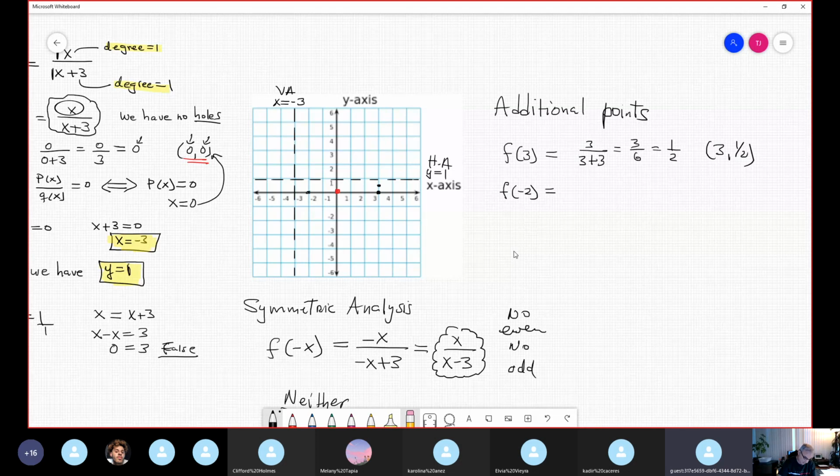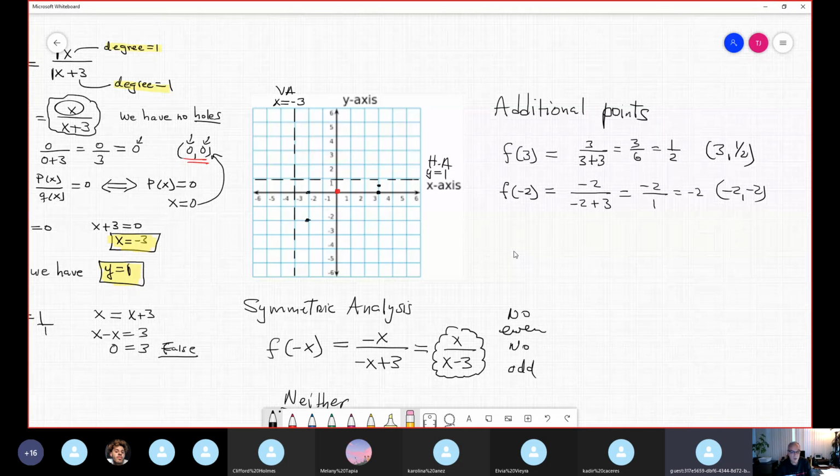So negative 2 divided by negative 2 plus 3 is negative 2 over 1, and negative 2 is a coincidence. So the point is (-2, -2) here, over there. Let me put it in red color.